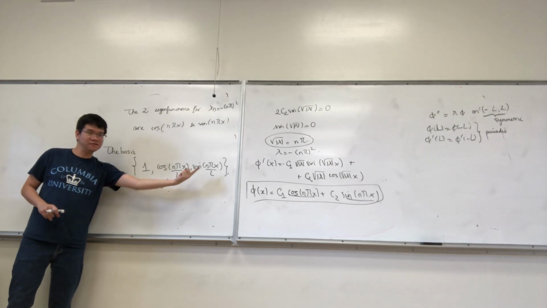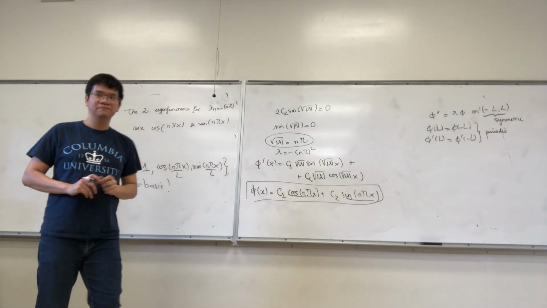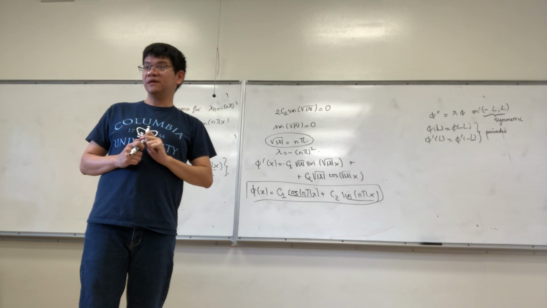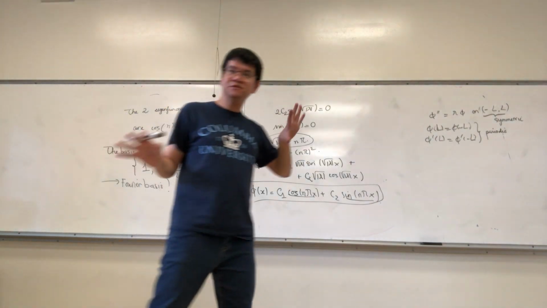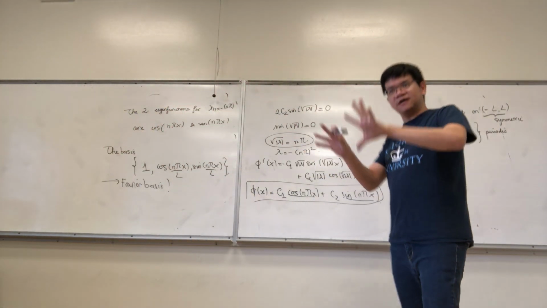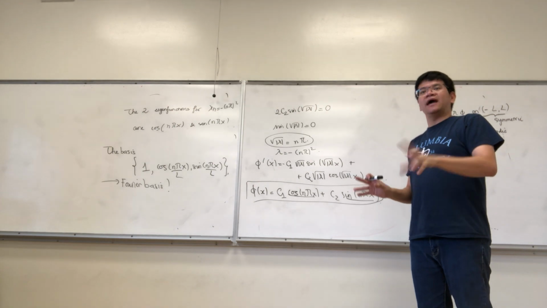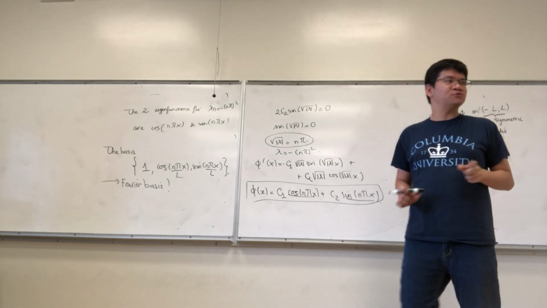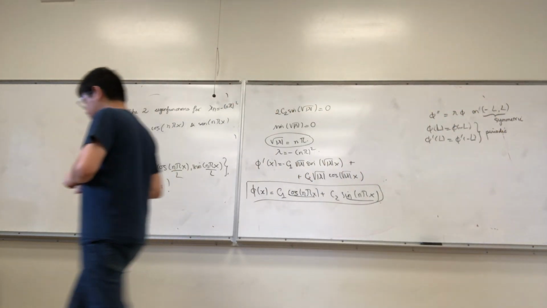Which is the Fourier basis for -L to L. It's clear? So basically, the eigenvalue problem is a general theory, and the Fourier basis is one special case, right?